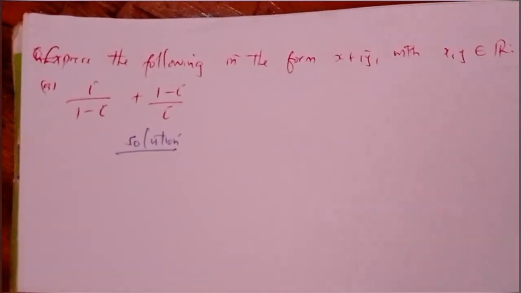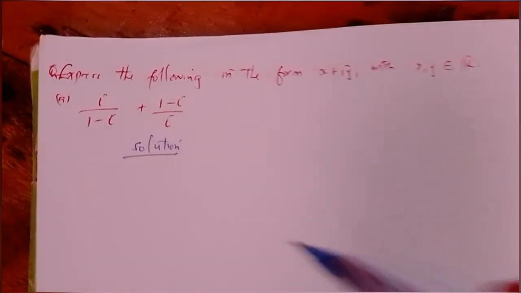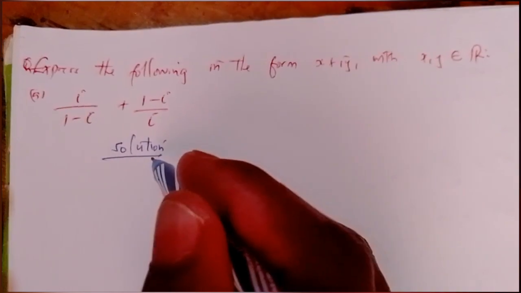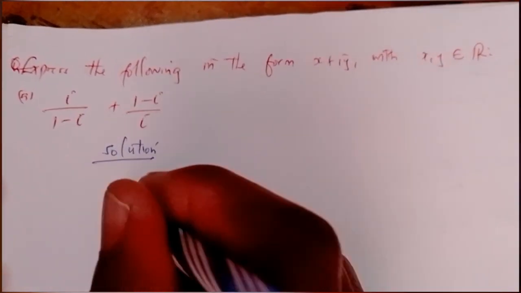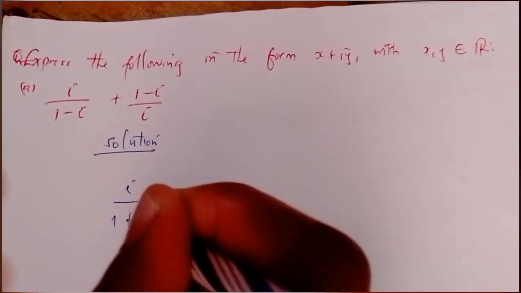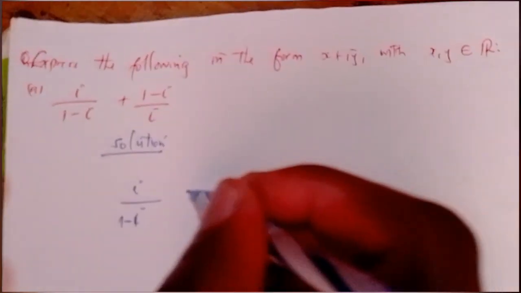So let's start by getting the summation, i over 1 minus i plus 1 minus i over i.